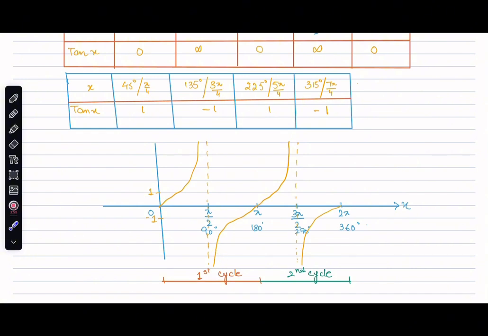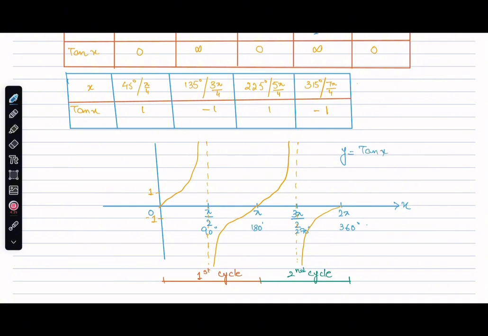In the third quadrant, at 3 pi by 2 or 270 degrees, it's asymptotic again. And in the third quadrant, as we know, the tangent is positive. The curve goes upward towards the positive asymptotic line, towards positive infinity. And then in the fourth quadrant, as tangent is negative, we can see 2 pi is 0. And at 3 pi by 2, the curve is towards negative infinity here. So this is the graph of the basic tangent of x, which is y equals tan of x.